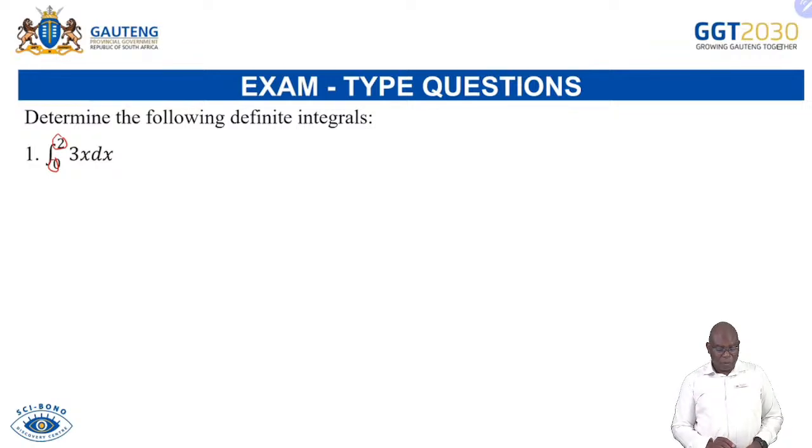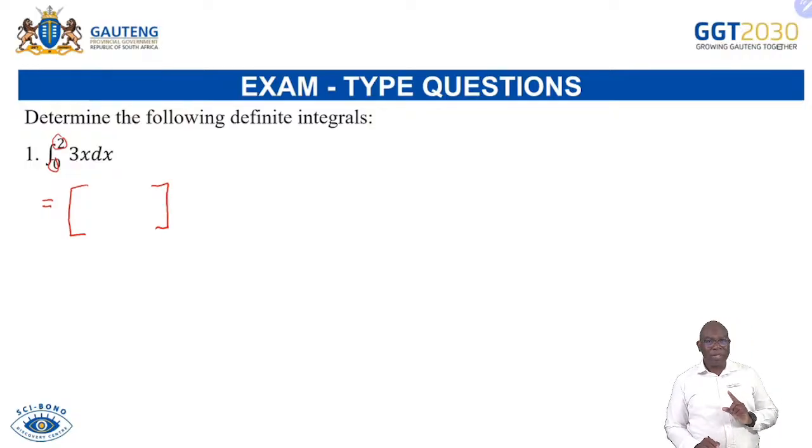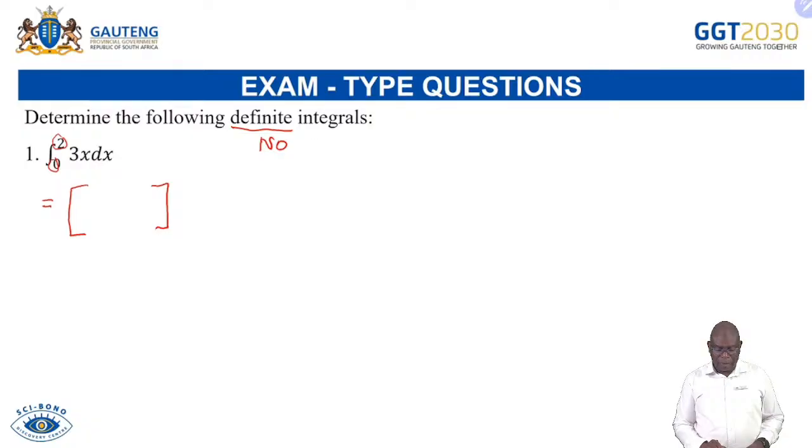That's important. So here, once I start integrating, in this case now, when I start integrating, I'm no longer going to put a c. What is the reason? Because now we're talking about the upper and the lower limit. No c when we're having definite integrals. We don't put a c.